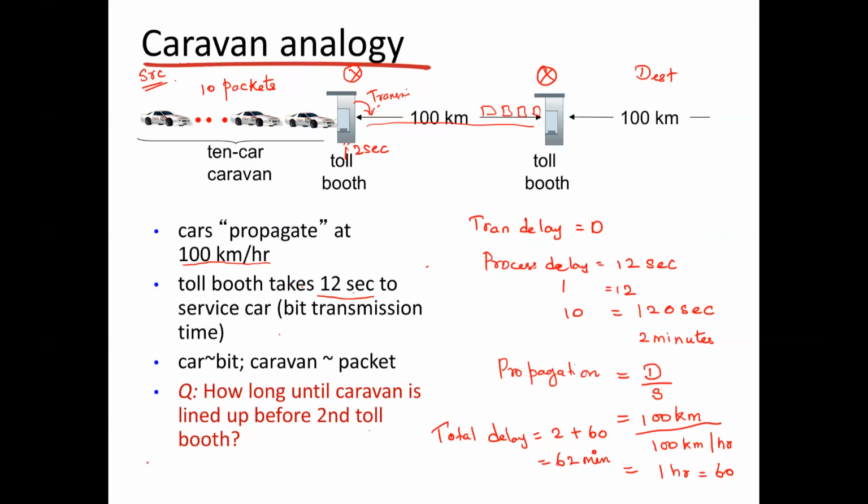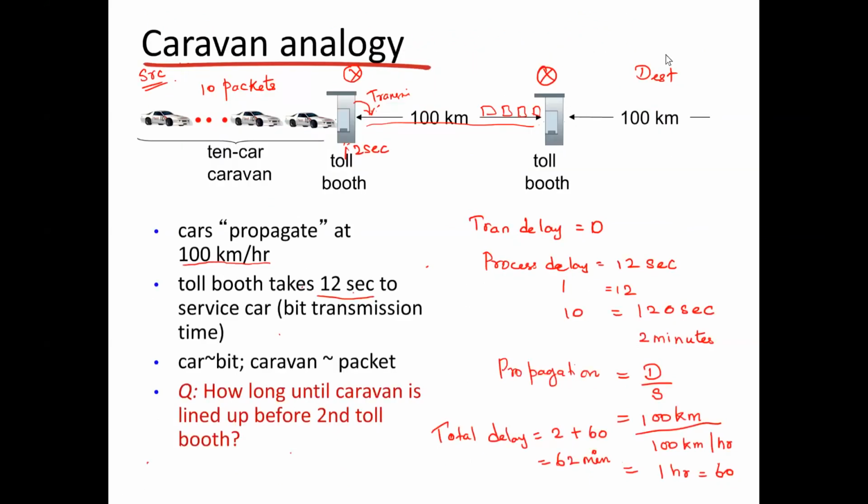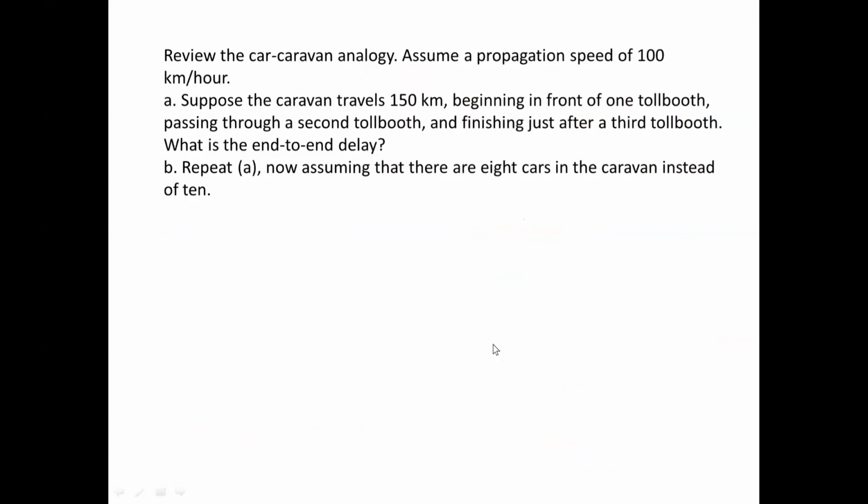So we'll proceed. Now I'm going to change the same question a little bit. Now you can solve this question, the same caravan problem. Suppose the distance is 150 kilometers, beginning at the first toll booth, passing through the second toll booth and finishing just after the third toll booth.